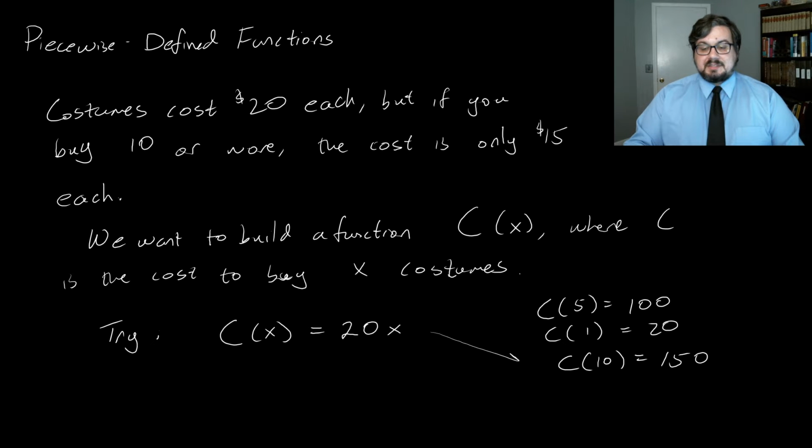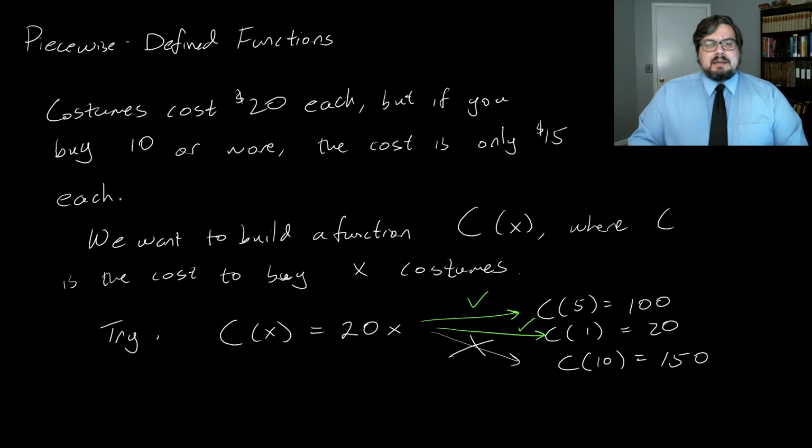So this formula, C of x equals 20x, doesn't always work. It works okay with plugging in 5 costumes or 1 costume, but it doesn't work if you try plugging in 10 costumes.